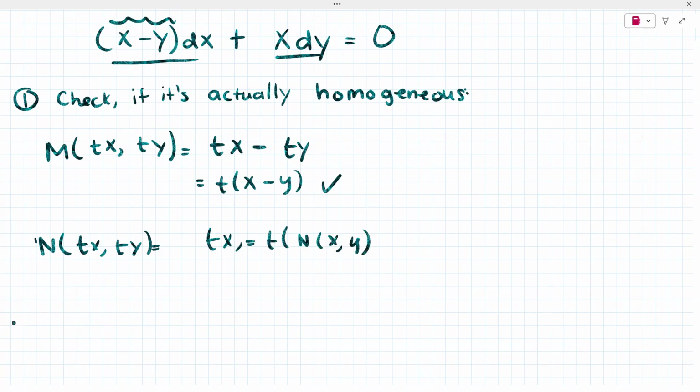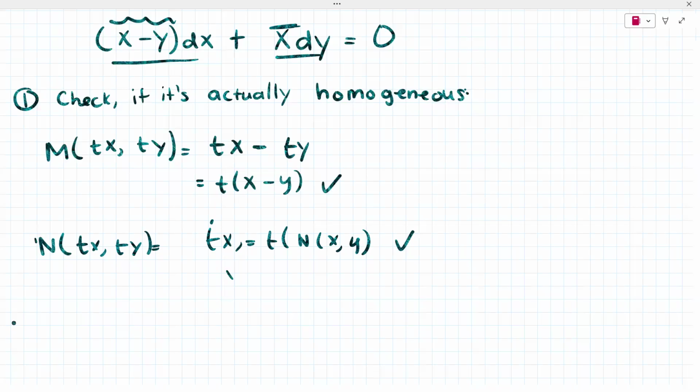If you factor out a t, you're still going to get your original function. So yes, it is homogeneous. Your M and N are both homogeneous.